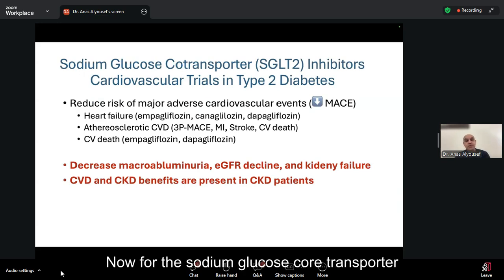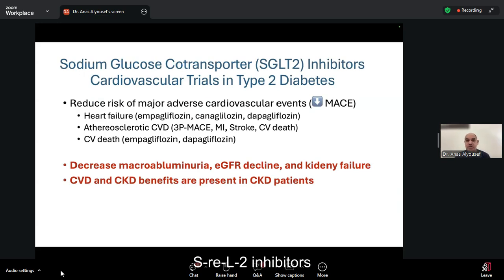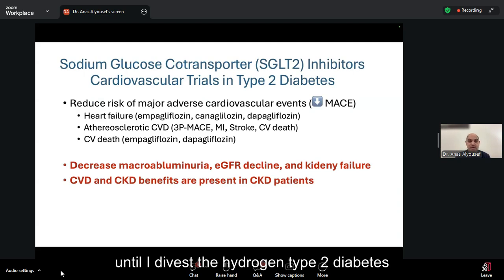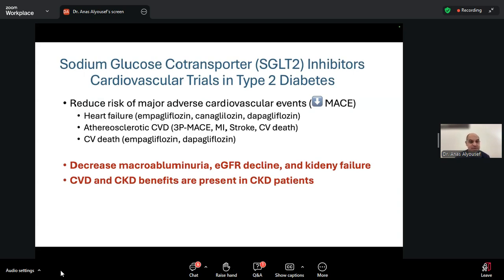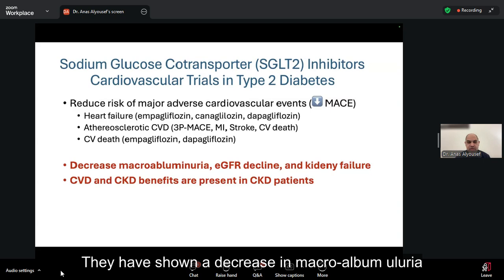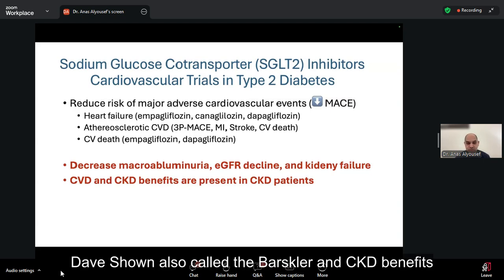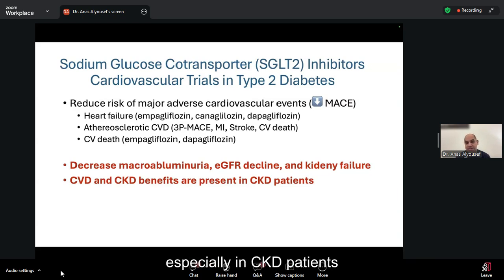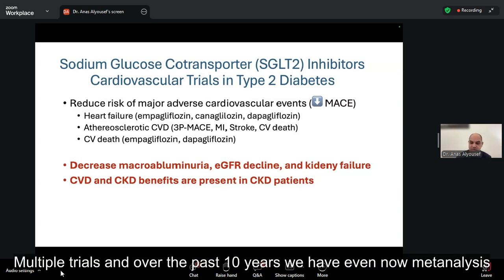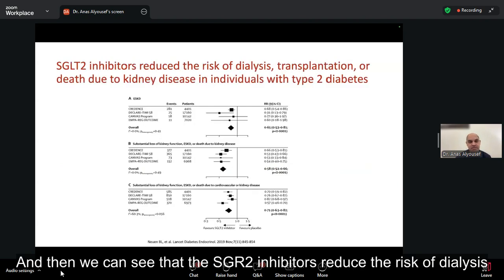Now, for the sodium glucose co-transporter 2 (SGLT2) inhibitors, cardiovascular trials in type 2 diabetes have shown a decrease in macroalbuminuria, eGFR decline, and kidney failure. They've also shown cardiovascular and CKD benefits, especially in CKD patients. There are multiple trials, and over the past 10 years, we now even have meta-analyses of these trials.